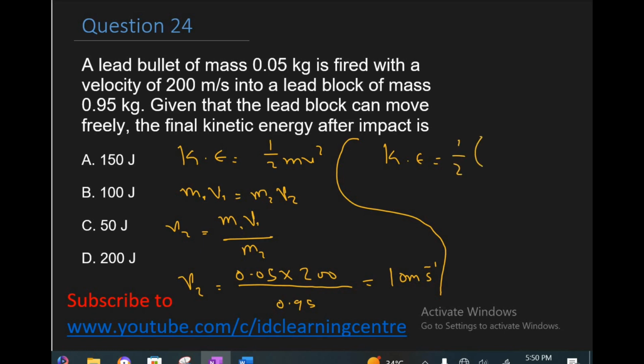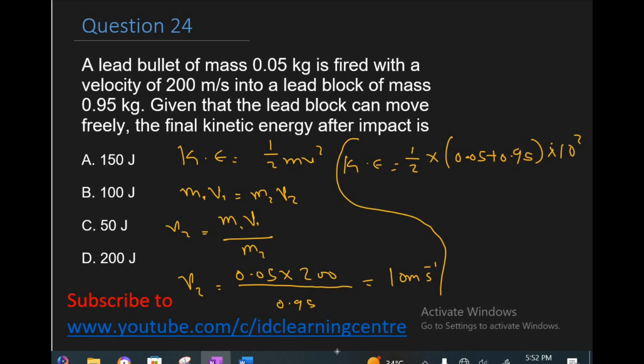We have two masses here, that's 0.05 plus 0.95, right? Then your v now is the one we solved here, which is 10, squared.